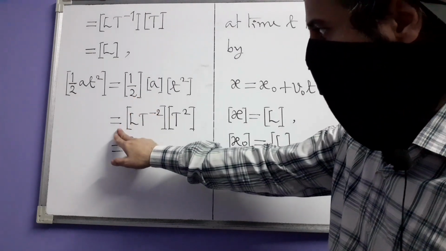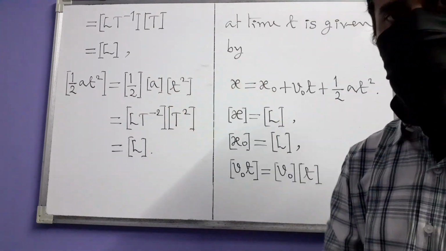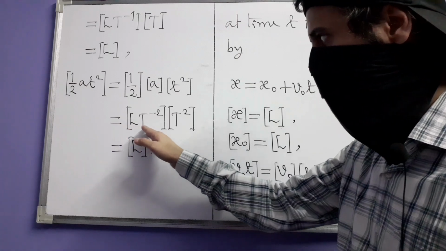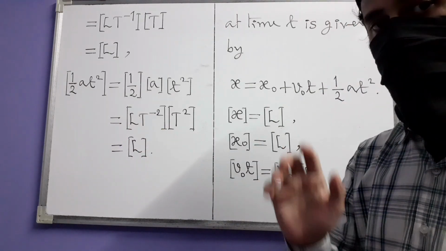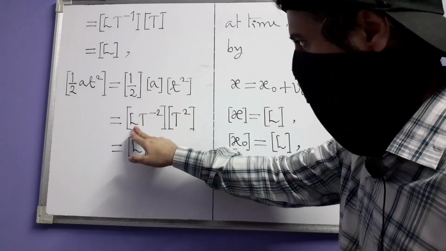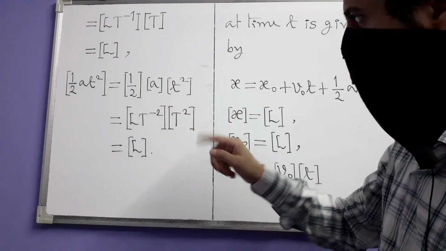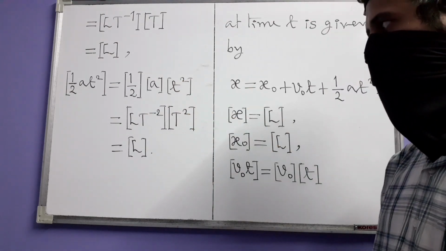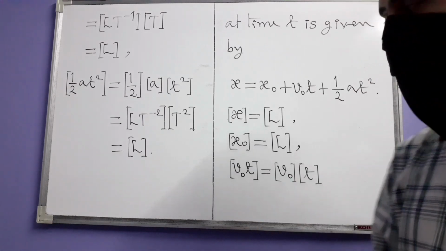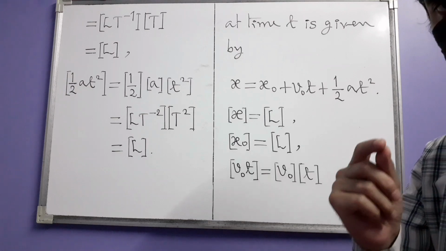So we do not write anything here, but if you want, you can write L0, T0. Actually, that is what we have here, but because ultimately that is not going to affect anything, we did not write it. The dimension of acceleration is L T to the power minus 2, that we already know, and the dimension of time square is T square. So these two things cancel out, and then here also we have L. So all the quantities involved here have the dimension of length.